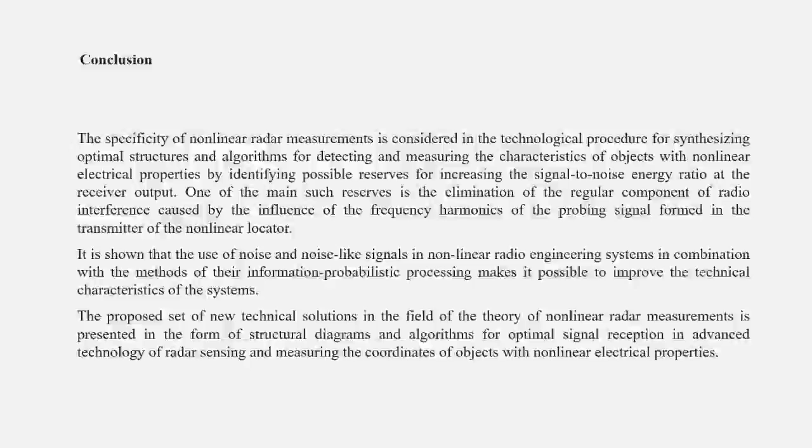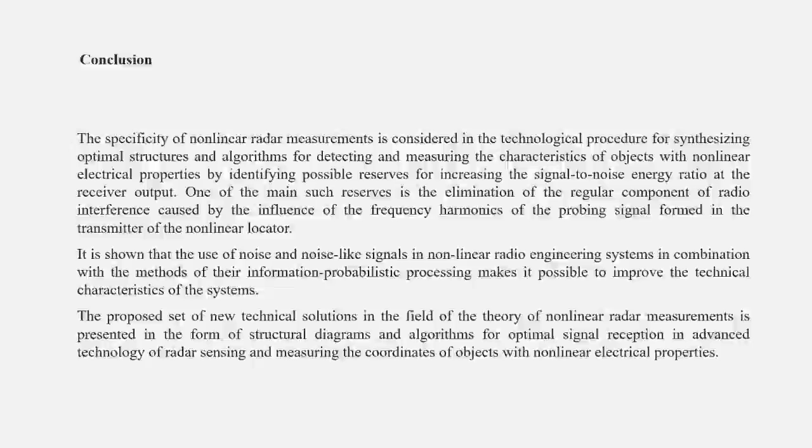As a result, the specifics of nonlinear radar measurements are considered in the technological procedure for synthesizing optimal structures and algorithms for detecting and measuring the characteristics of objects with nonlinear electric properties by identifying possible ways of increasing the signal-to-noise energy ratio at the receiver output.